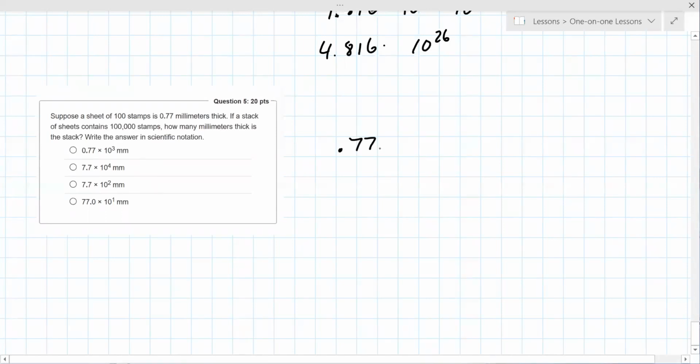I'm actually a little bit unsure here because I suppose a sheet of 100 stamps. Well, did I get this right or wrong? I don't know. That's why you have to keep track of your old grades.